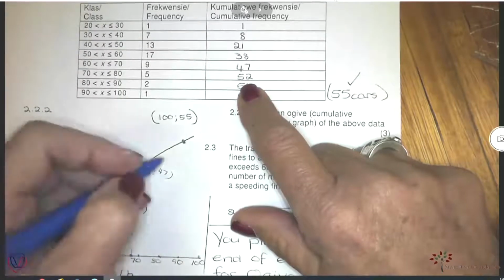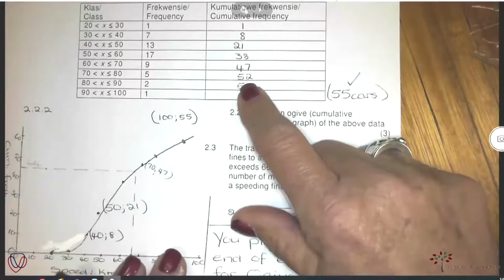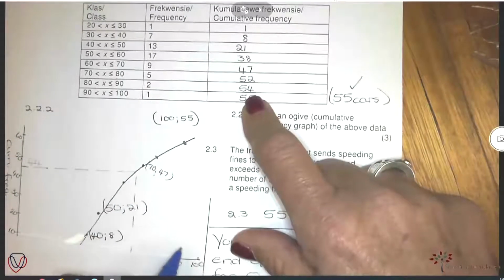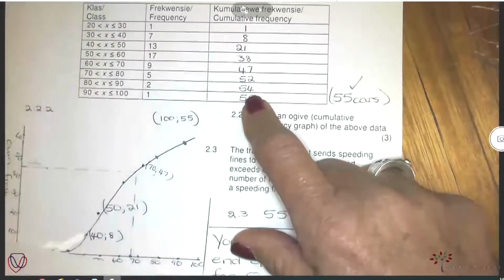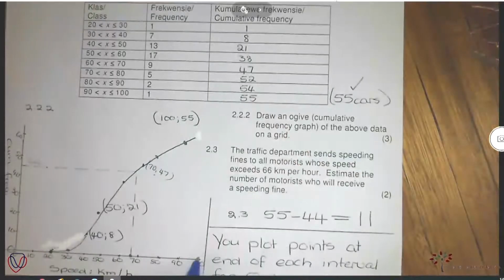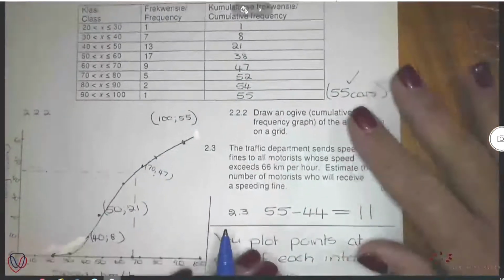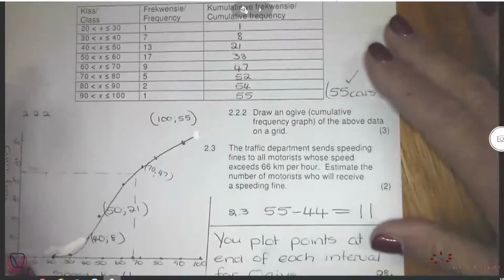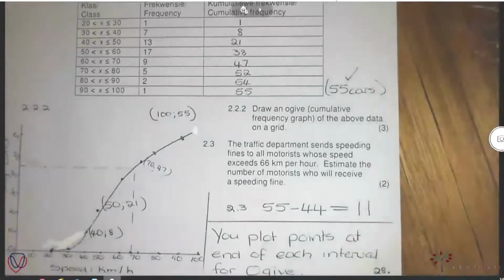It's going to be more or less there. And then at the end of the 90, we are going to put a 54. And then at the end of 100, that class, you plot at the end of the class. Mine is a little bit skewed because I did it freehand, but that's the ogive.